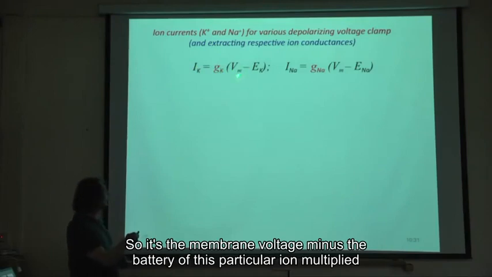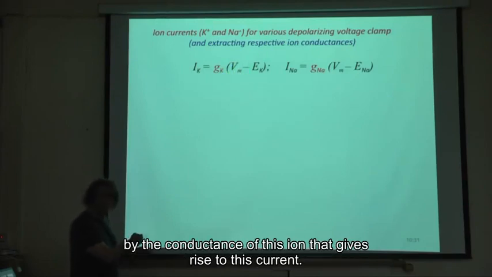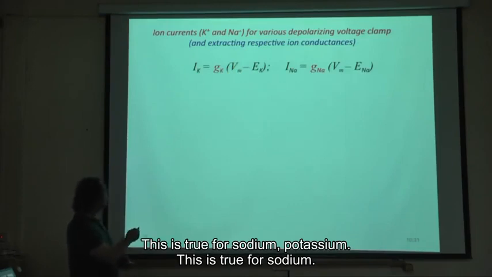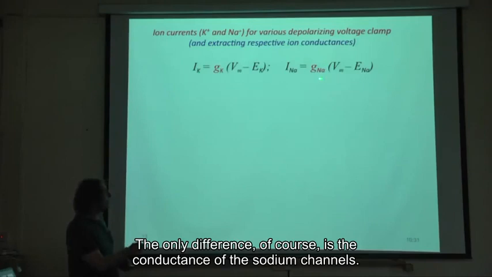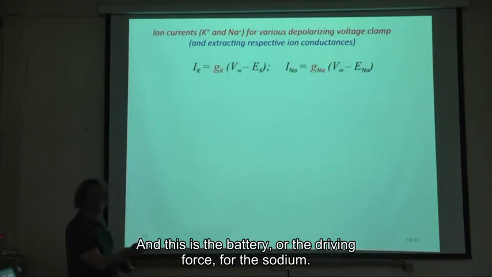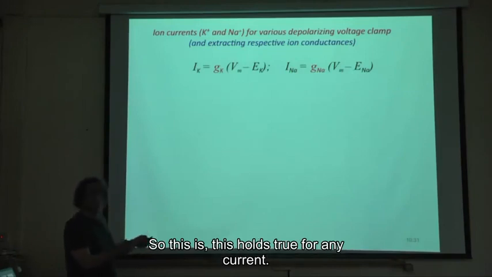So it's the membrane voltage minus the battery of this particular ion, multiplied by the conductance of this ion, that gives rise to this current. This is true for potassium. This is true for sodium. The only difference, of course, is the conductance of the sodium channels, and this is the battery or the driving force for the sodium. So this holds true for any current.